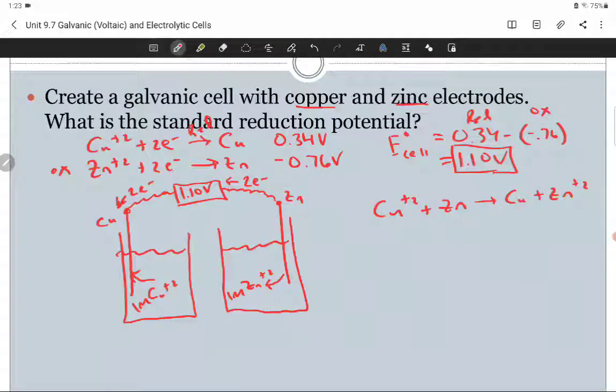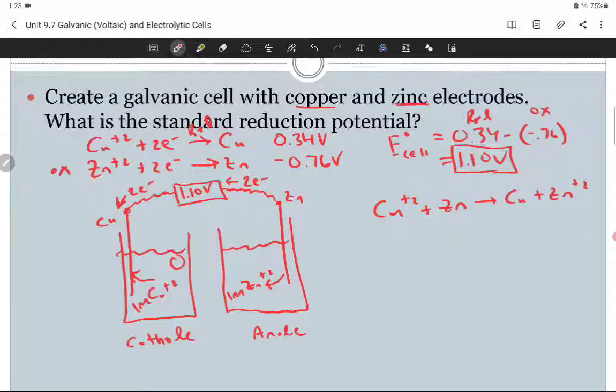We have to go towards the reduction, and I shouldn't call it the reduction, I should call it the cathode. And if you do cath and anode, that's probably good, but let's write that out. And that's still not going to work.